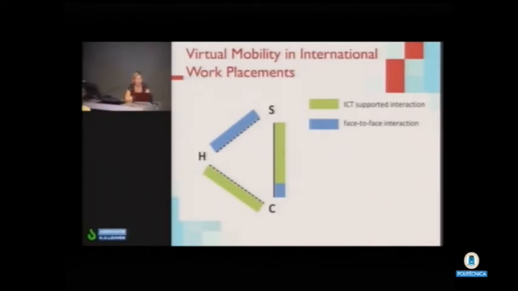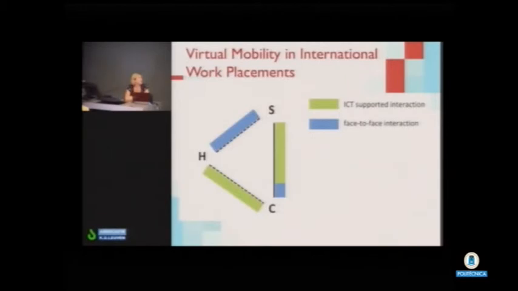When we talk about fully virtual internships, we mean that the interaction between student and company is mainly or almost completely ICT supported.